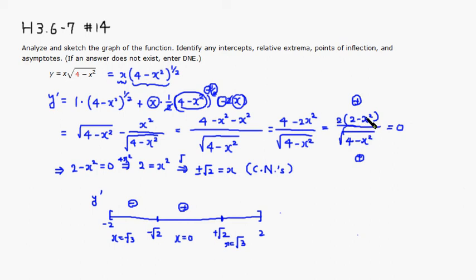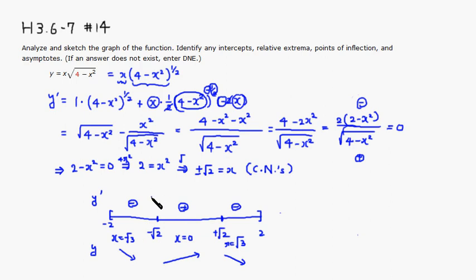Right? 2 minus 3 is negative. And bottom is positive, so it's going to be negative. So you can see that the y is decreasing before negative square root of 2, increasing between negative square root of 2 and positive square root of 2, and decreasing, right?